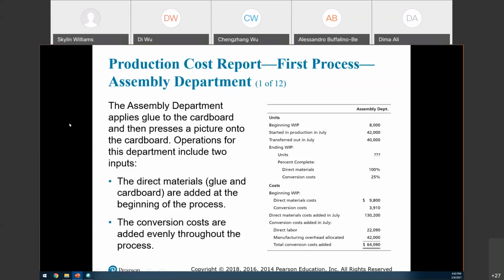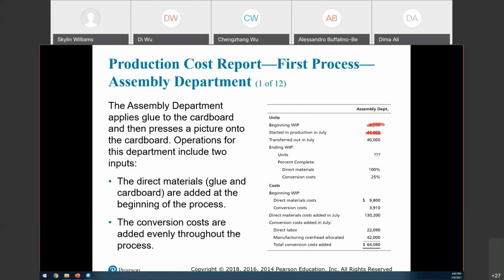So, the units in the beginning are 8,000, plus the units started in production in this period, which is 42,000.